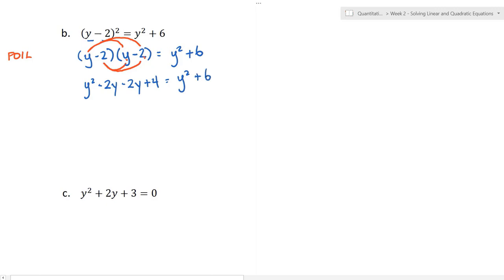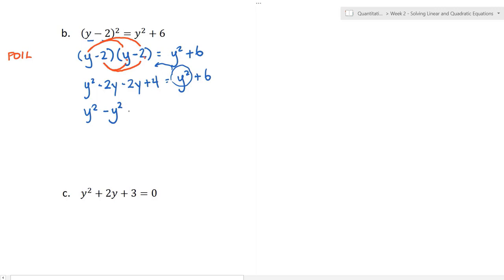Now we're going to bring everything that has y's in it to one side of the equal sign, everything that doesn't have y's in it to the other side. So I have y squared, and I'm going to put them in order, so y squareds come first, then y's. So I'm going to bring this y squared over to the other side, making it negative y squared, because it used to be a positive.